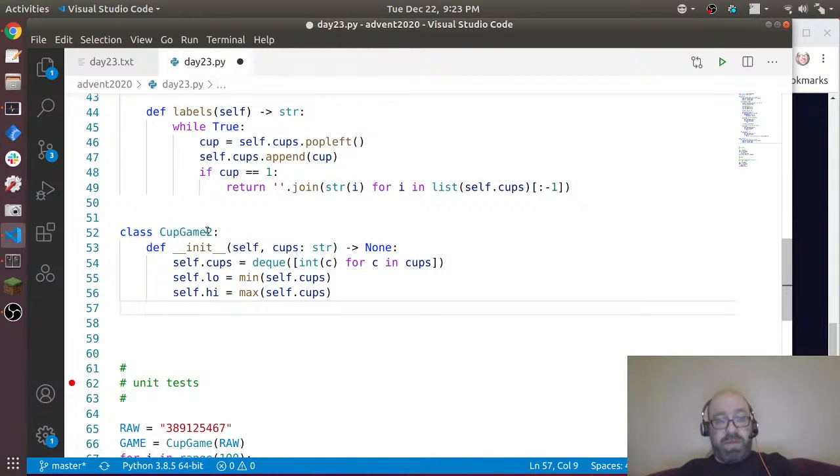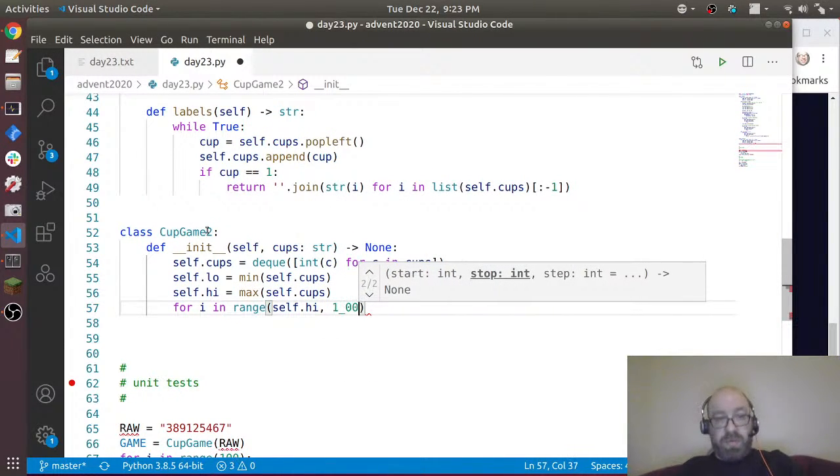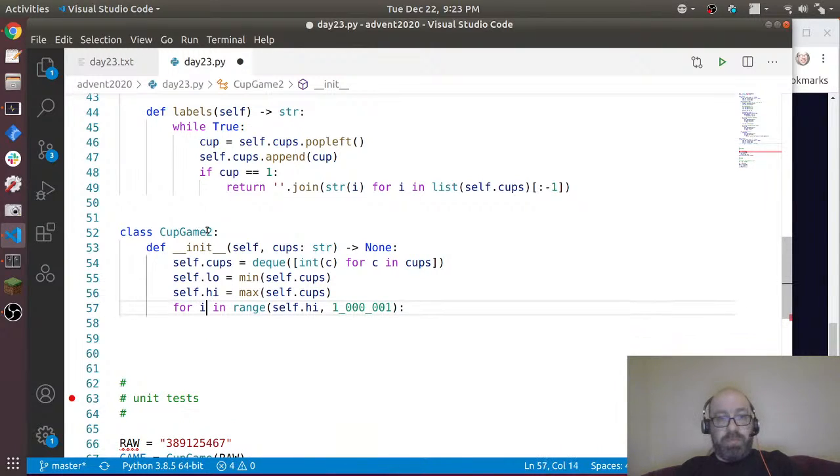Self.low, and then let's say for i in range, self.high plus 1, 1,000,001.